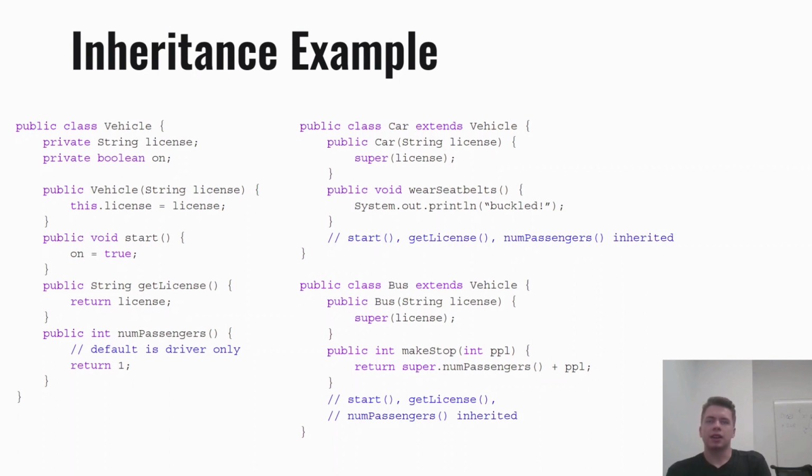And the Car class defines a new method wearSeatbelts, as well as the Bus class defines a new method makeStop. However, if you notice, inside of makeStop, we have to call the numPassengers method of Vehicle in order to access the numPassengers field, since fields are private and must be accessed via a getter method in child classes.